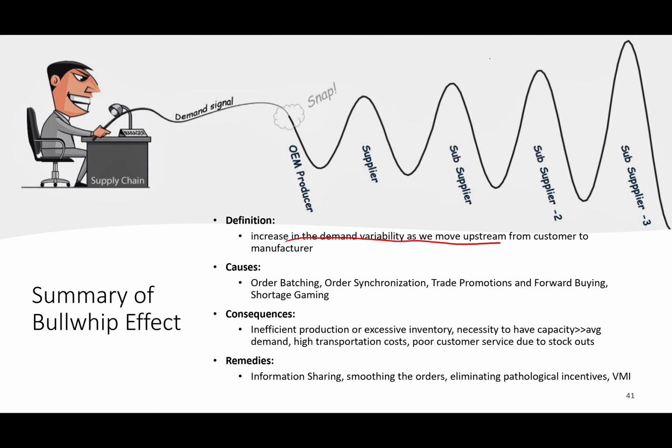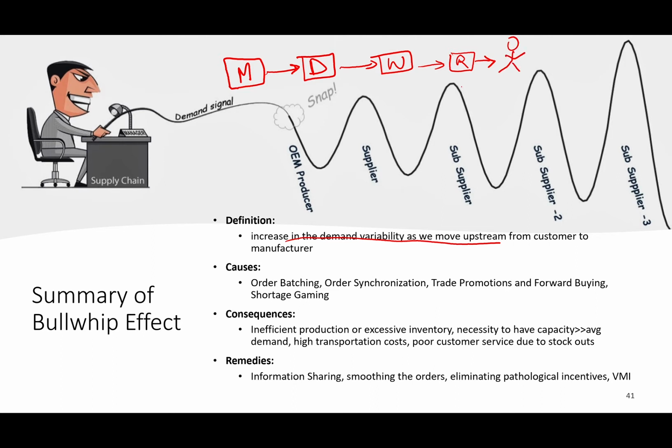So if we have a retailer who is purchasing from a wholesaler, who purchases from a distributor, who in turn gets their product from the factory or the manufacturer, then in this case, the retailer gets the information of demand from the consumer, right?